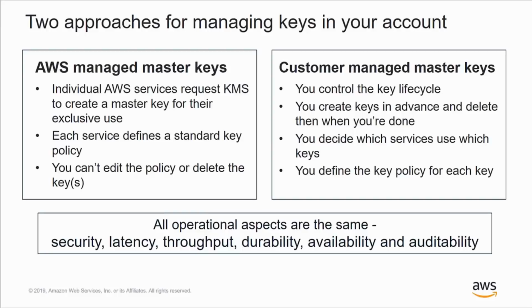You choose to use encryption in S3, and S3 will create that key in your account. Only S3 can use that key, and S3 controls the policy, typically a default policy, for how that key can be used. You can't edit that policy, and you don't get to delete that key. The good news is you don't get charged for having that key either. Every service would use a distinct key that would be unique to your account.